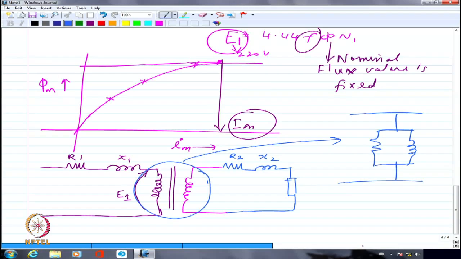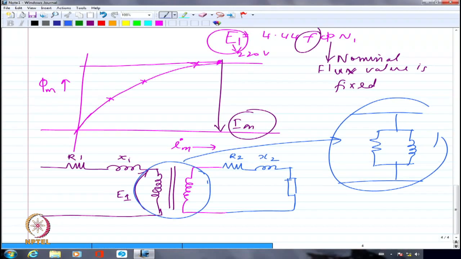But I am assuming that I am exciting the transformer from the primary side, and I am connecting the load on the secondary side. So I should show even this parallel component in the primary side itself. Although you can show it on either side, not a problem. But I am showing it on the primary side.